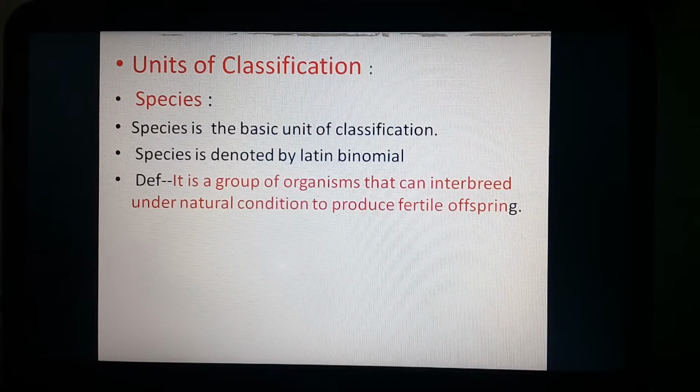A group of horses is in the same species. Once they interbreed, they form fertile offspring. Fertile means having the capacity to produce the new generation, and sterile means not having that capacity. So these are some basic things about the definition of a species. So what is a species? A group of similar organisms that can freely interbreed under natural conditions and produce fertile offspring is called a species.